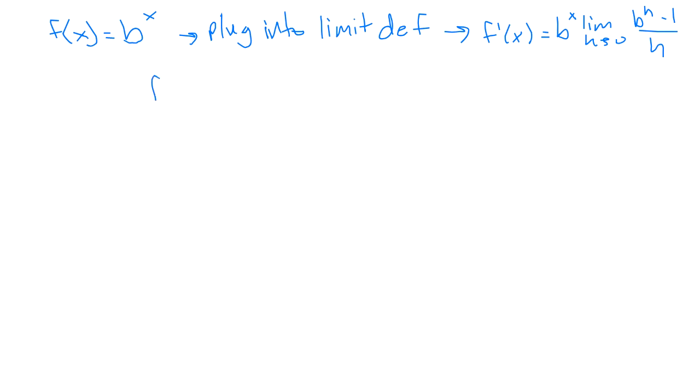If we're trying to find f prime of 0 of b to the x, we are actually going to end up with just b to the h minus 1 all over h, because we'd be getting 0 plus h in the numerator for the exponent, which is just going to break down to h. And then any number to the 0 power is just 1. So that's why we're getting this b to the h minus 1 over h.